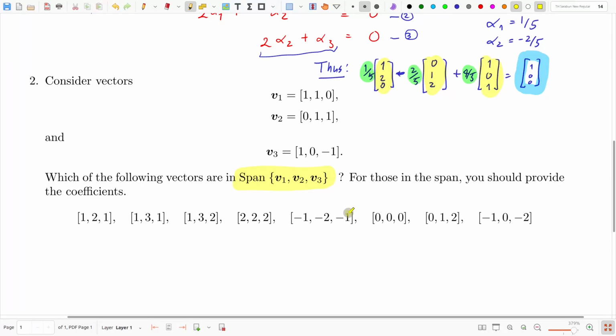Let's try to save some time. You should pick a few of the vectors, you don't have to do all of them. Just for practice, pick a few of them and check if they are in the span or not. But let me help you a little bit really quickly.